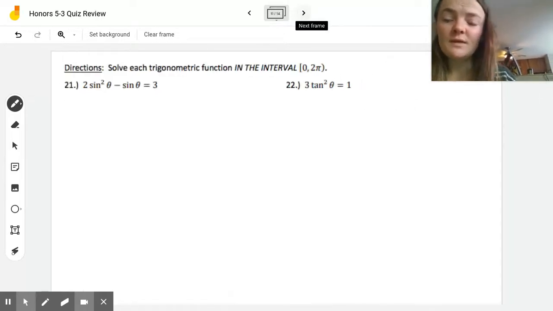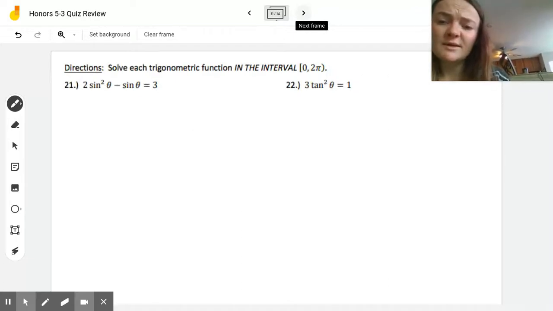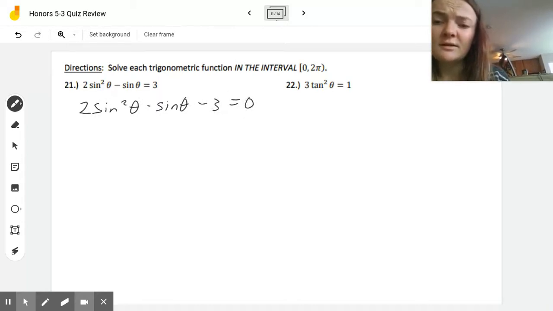All right, 2 sine squared theta minus sine theta is equal to 3. This is a factoring question. So 2 sine squared theta minus sine theta minus 3 is equal to 0. If I factor this, let's see, 2 times 3.